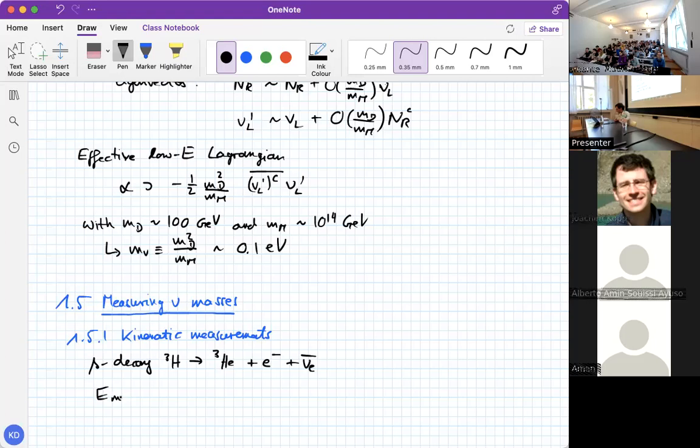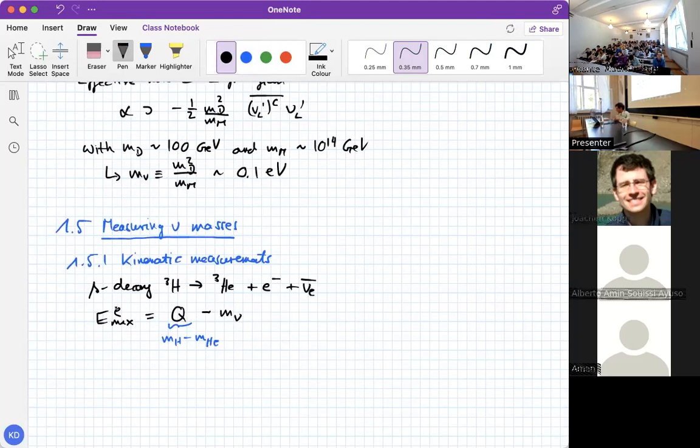The maximum energy that the electron in this process can have is given by the Q value of the decay, which, remember, is just the mass of the parent atom minus the mass of the daughter atom. Well, but now there is the neutrino. So the neutrino has to carry away an energy at least equal to its mass. And so the maximum electron energy is given by this Q value minus the neutrino mass.